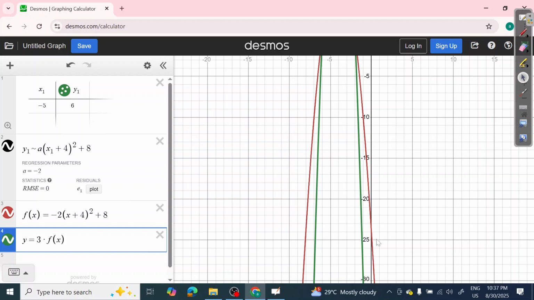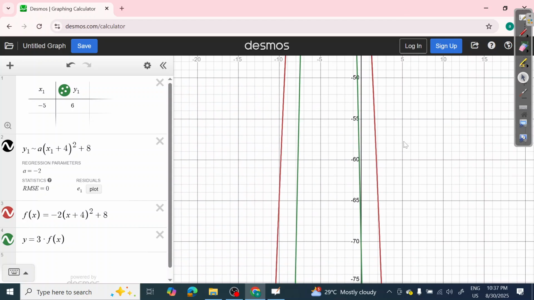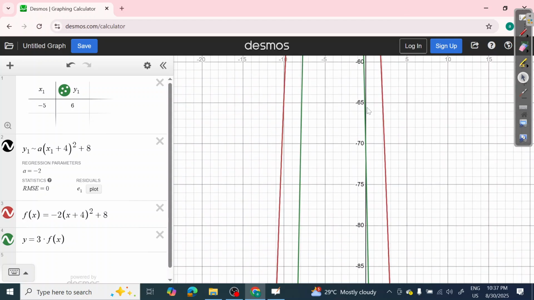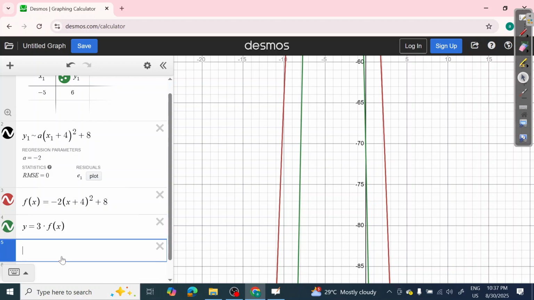You got a different graph which is green in color. Now you have to find the y-intercept of this. I think, yeah, this is the point, negative 72. You got the value of a, which was negative 24, and the value of b, which is negative 72. You will subtract because they are saying you want the positive difference. So you'll do negative 24.